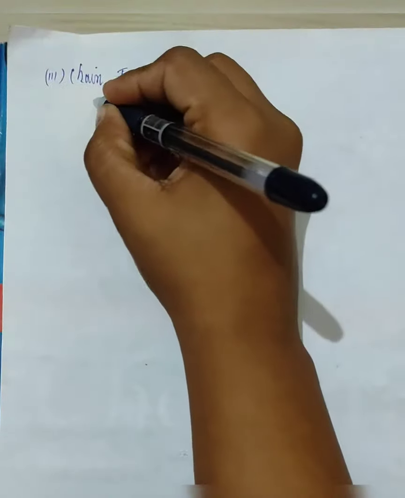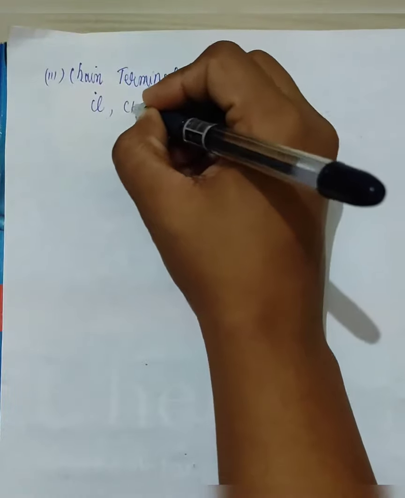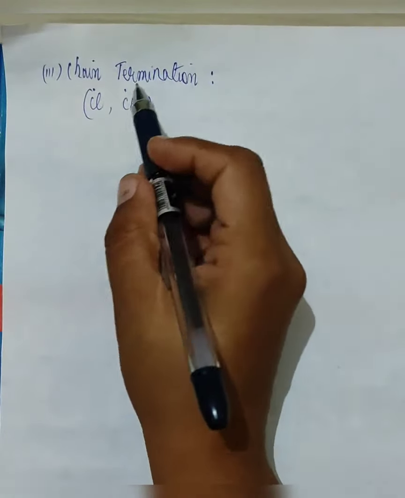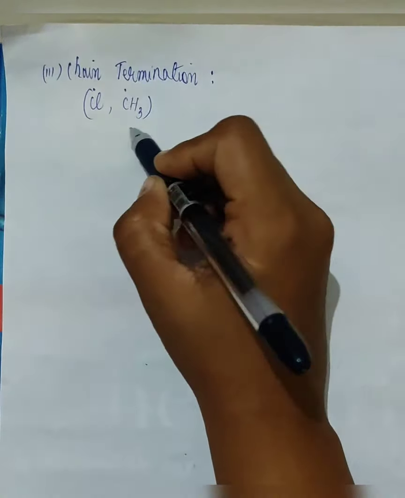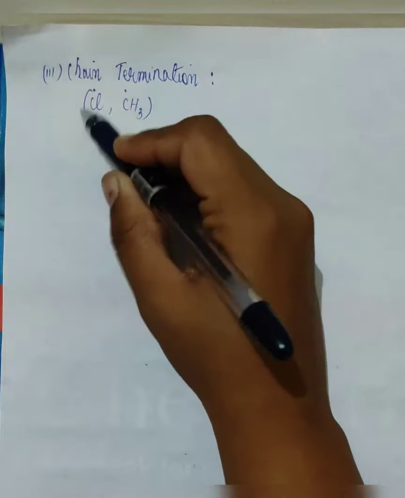Now in the final step, that is chain termination, all the free radicals formed in the entire reaction will come and combine. So in this reaction, what are the free radicals that we have got? It is just chlorine and methyl radical. Now this is also rough, just for your understanding, so you need not write this. Now here, these two radicals that are formed will combine together.